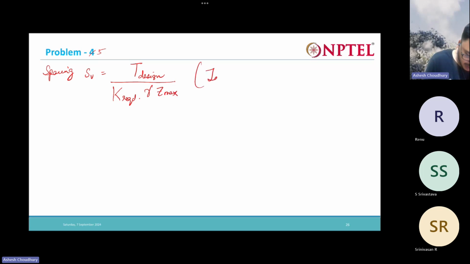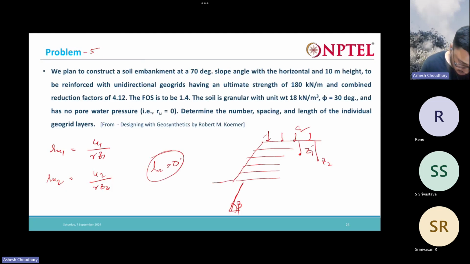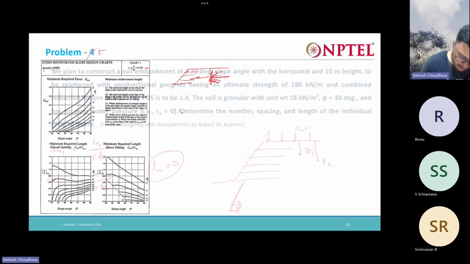The spacing is nothing but T design by K required times gamma times Z max, at maximum depth. Here T design is 331.2, which is given.